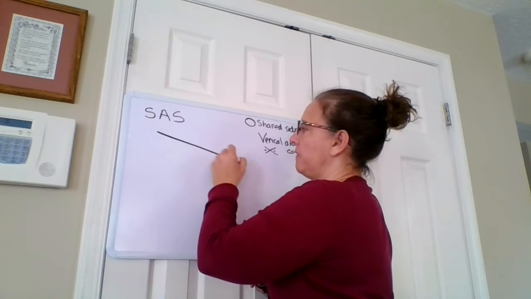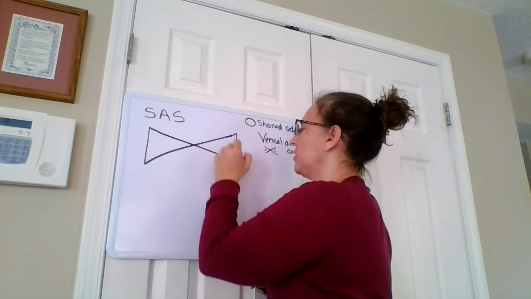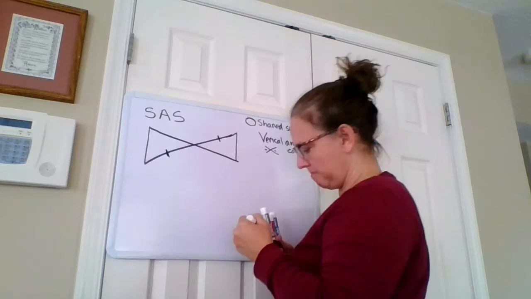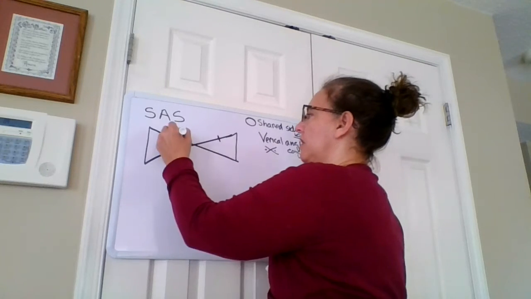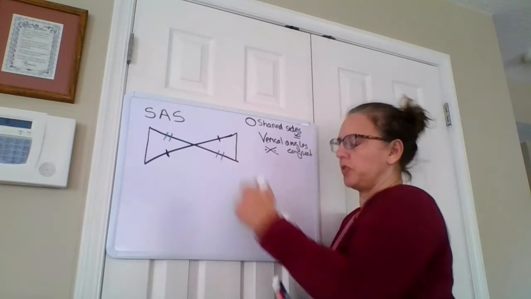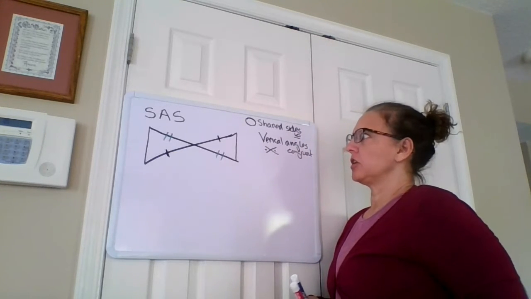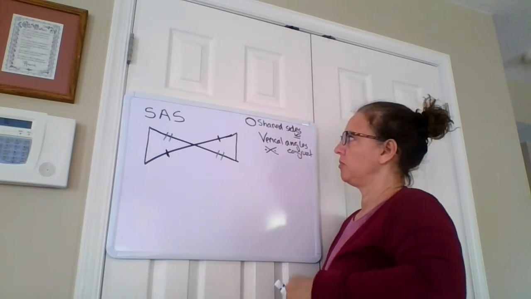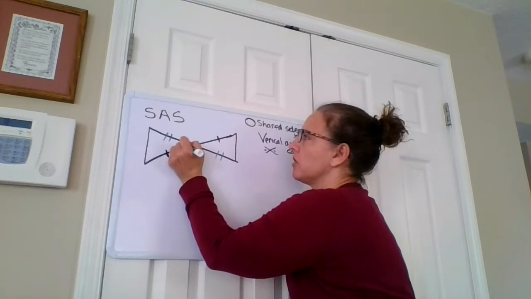If I had a figure that looked like this, and I'm going to tell you this side is congruent to this side, and this side is congruent to this side. Can I prove these 2 triangles are congruent? I can, because let's look here. Do we have any shared sides? As I'm looking, I see we have vertical angles.